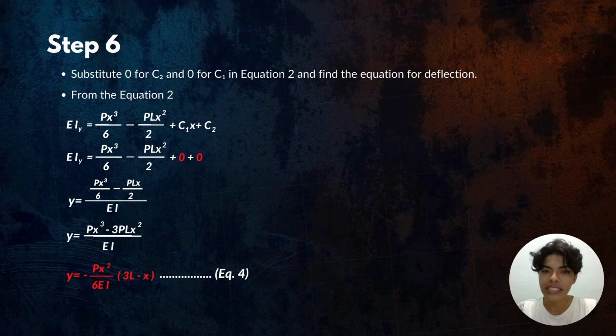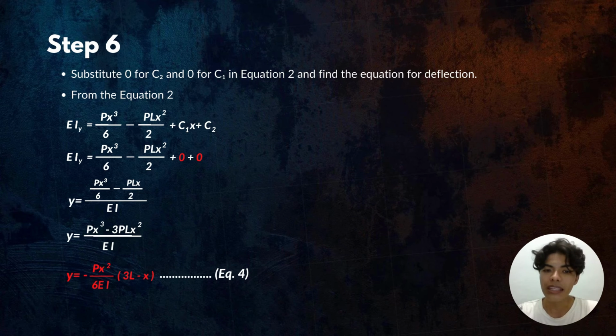Also, we're going to substitute 0 for C2 and 0 for C1 in equation 2 in order to find the equation for deflection. So equation 2 is EIy is equal to Px cubed over 6 minus PLx squared over 2 plus C1x plus C2.